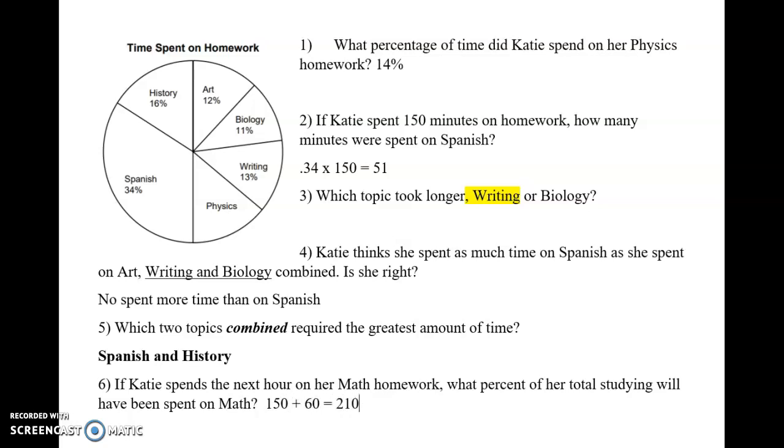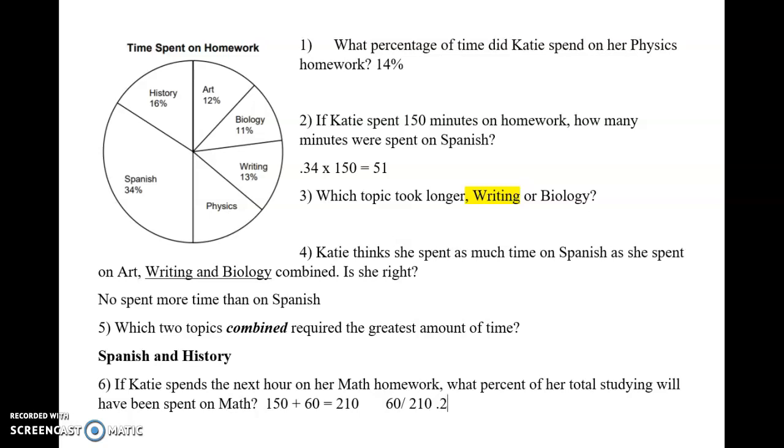That's a total of 210 minutes. And probability is always part divided by whole, so 60 for math divided by 210. 60 divided by 210. Ooh, some ugly decimal.